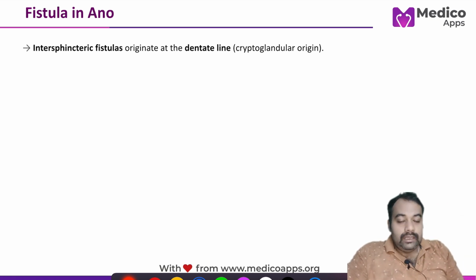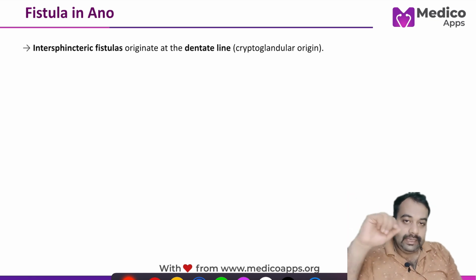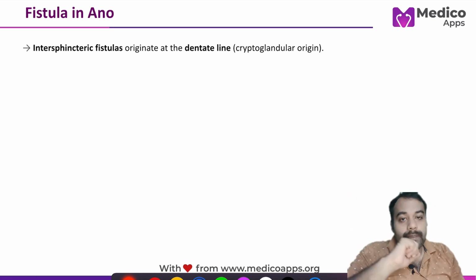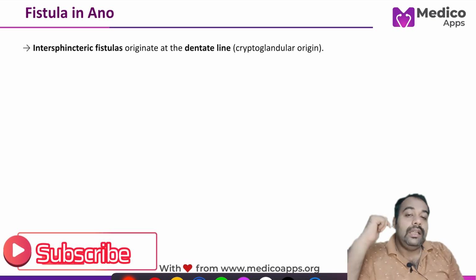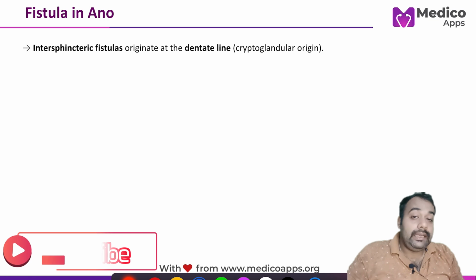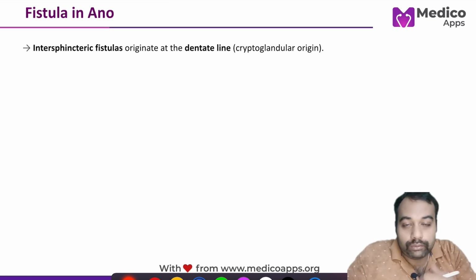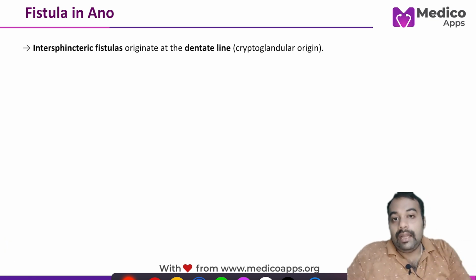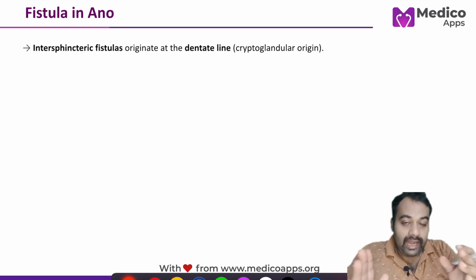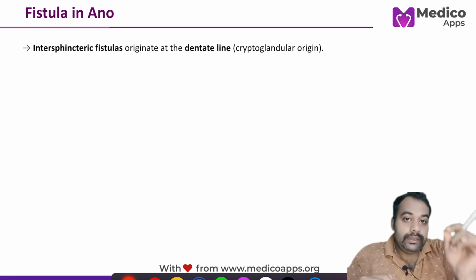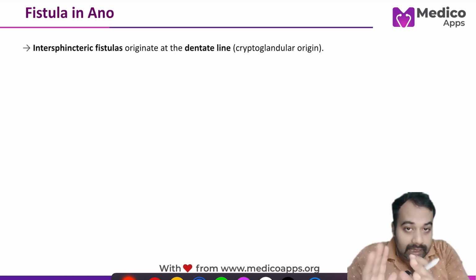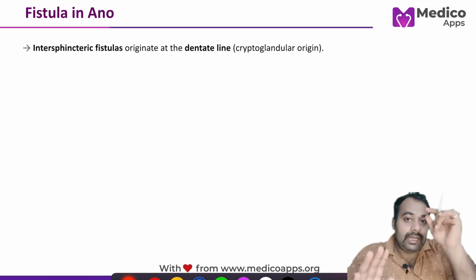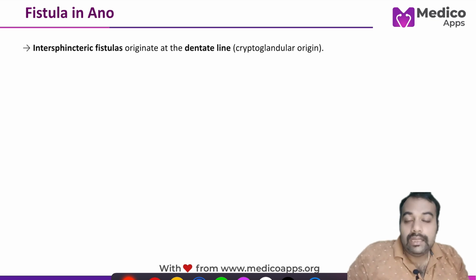From the dentate line the internal opening starts, and the tract travels through the internal sphincter but does not traverse the external sphincter. Instead, the tract lies in the plane between the internal sphincter and the external sphincter, and that basically opens into the perianal skin.